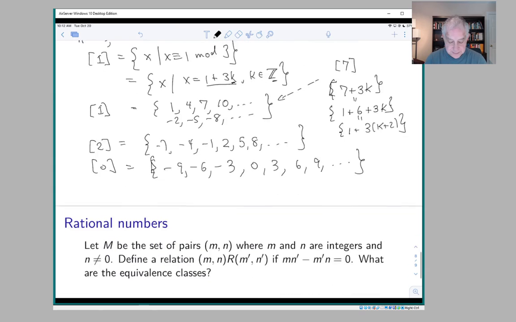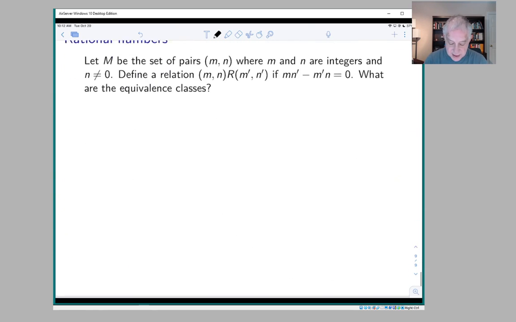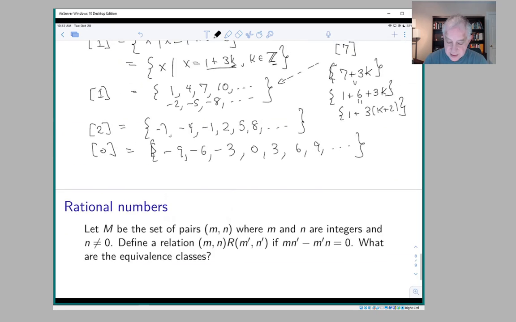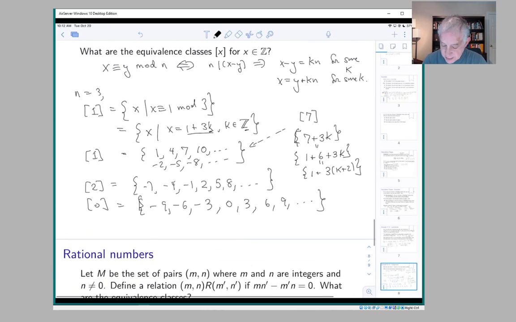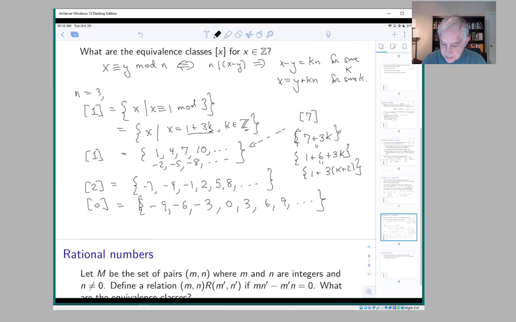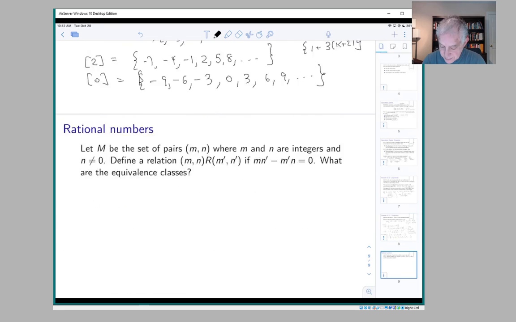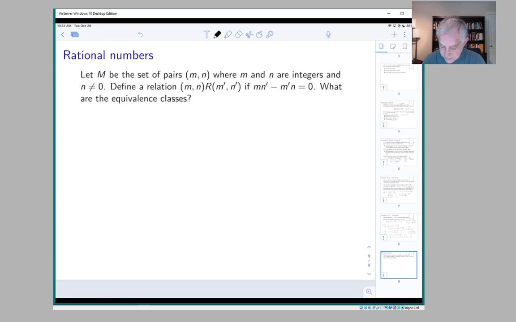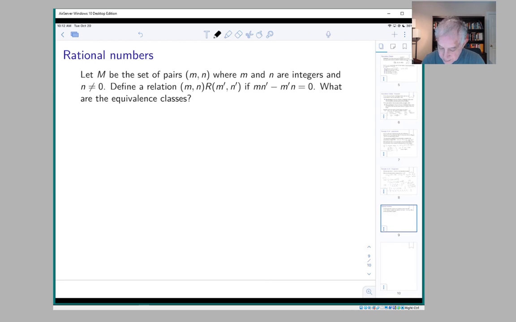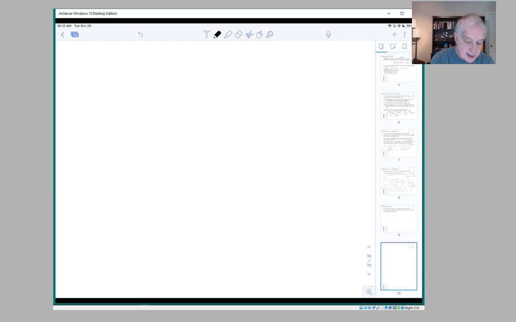Let me make another page here. I think we need to say a little bit more here. So let's go back to congruence.